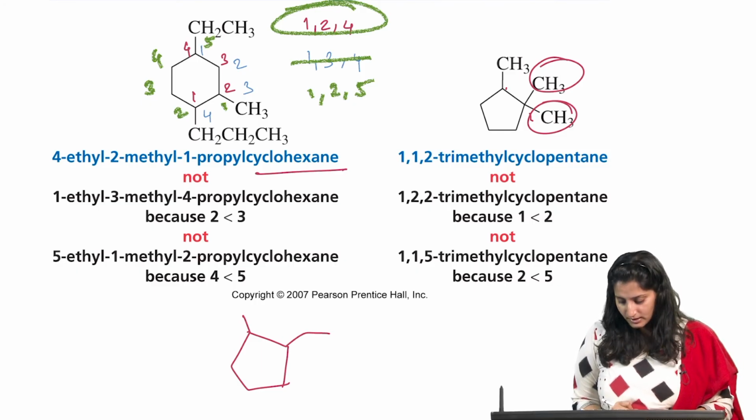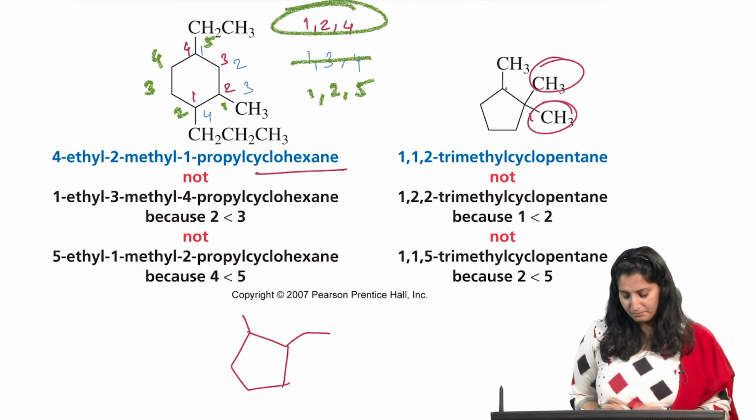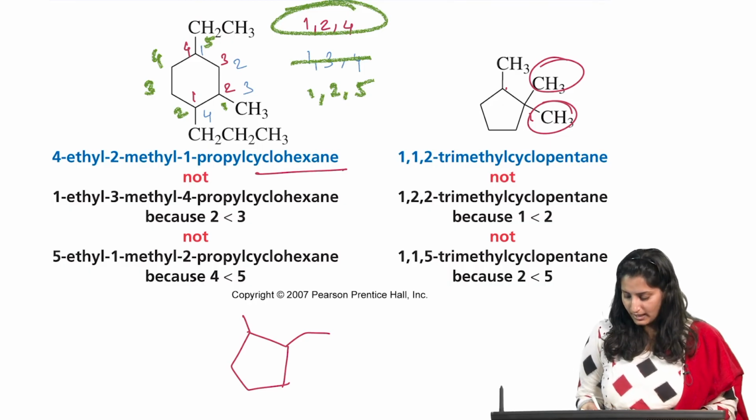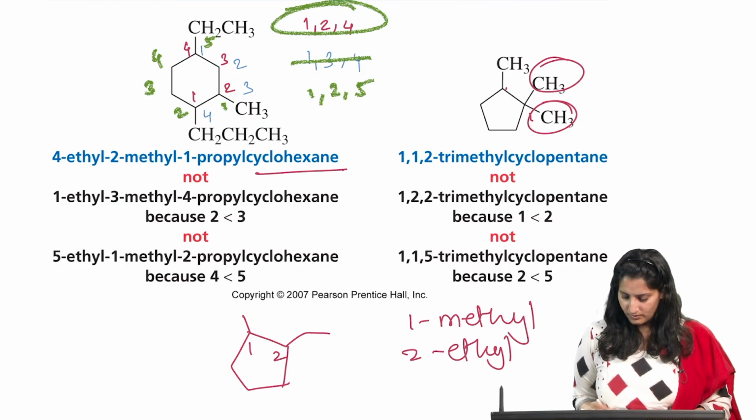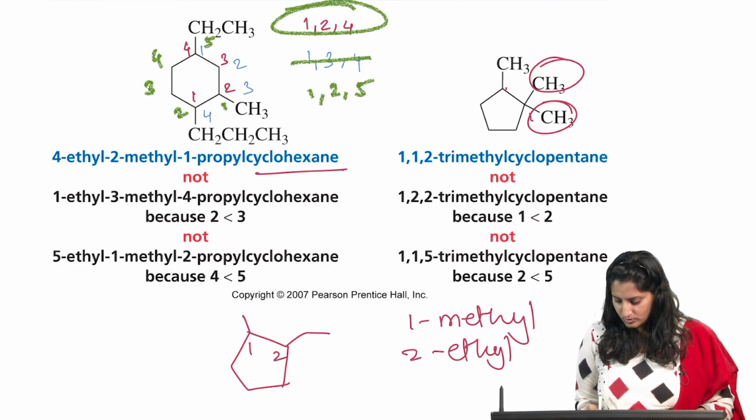Now, for this particular cycloalkane, it is a cyclopentane, that is okay, but I can number it such that I go 1 and 2, where 1 gets the methyl group and 2 gets the ethyl group. Or you can also go as 1 and 2 such that 1 gets the ethyl group and 2 gets the methyl group.